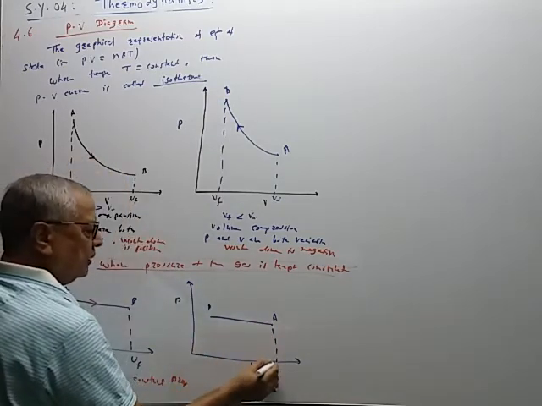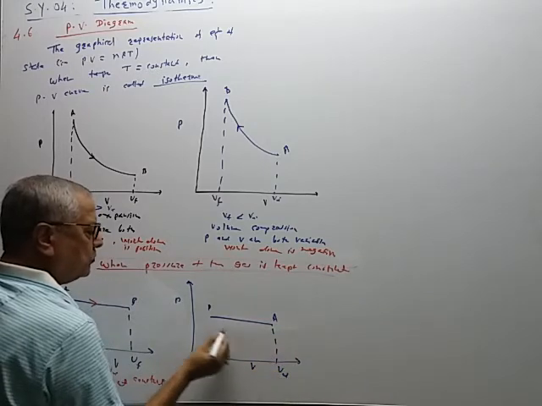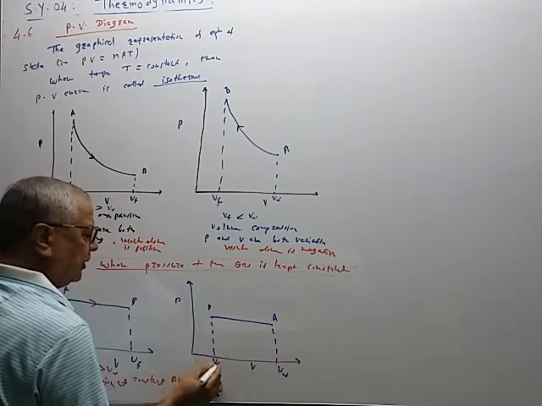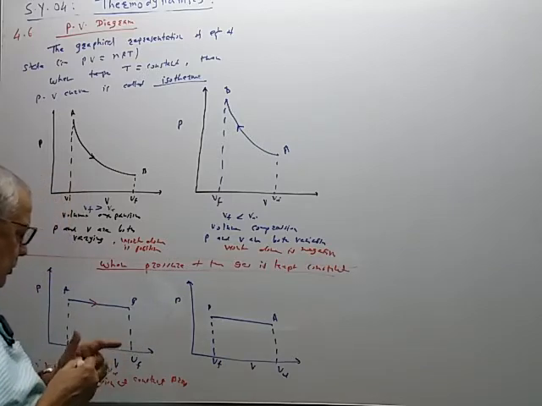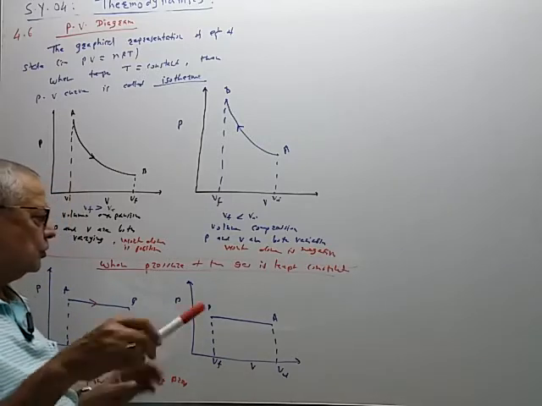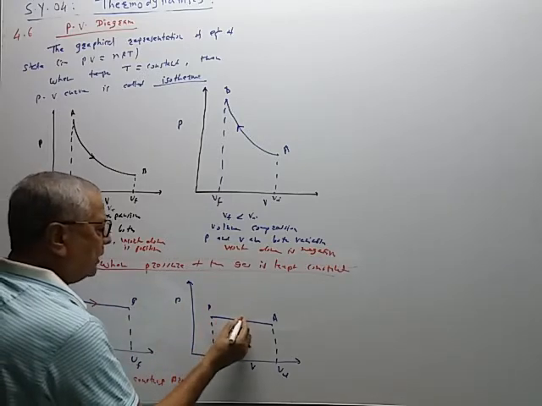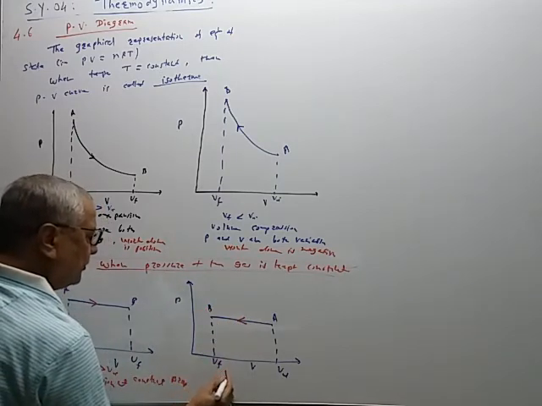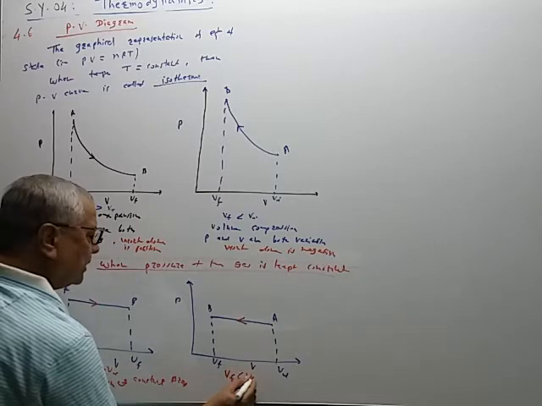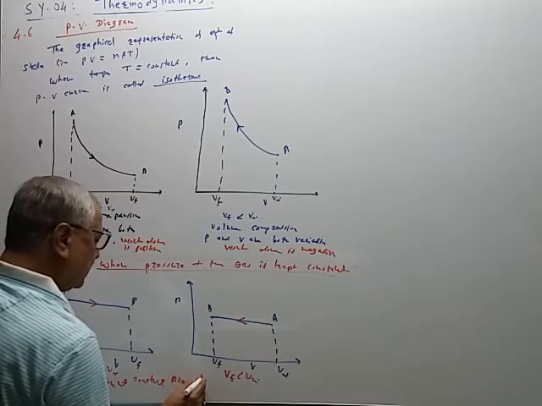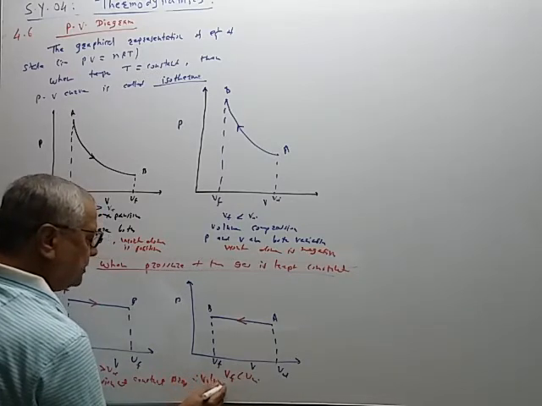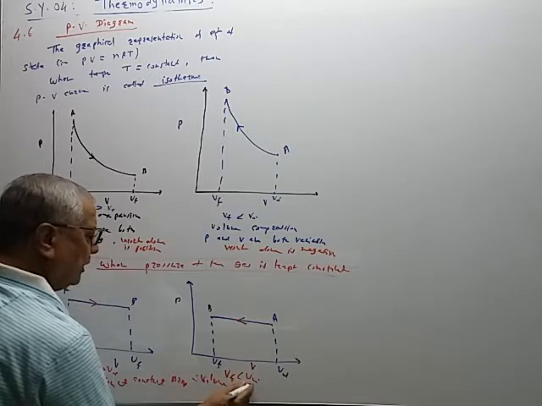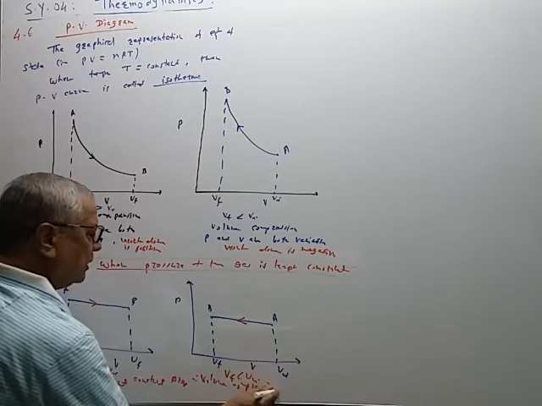This is the initial volume Vi. This is the final volume Vf. So the state changes from A to B. So in this case, final volume Vf is less than Vi. Therefore, this is the case of volume compression at constant pressure.